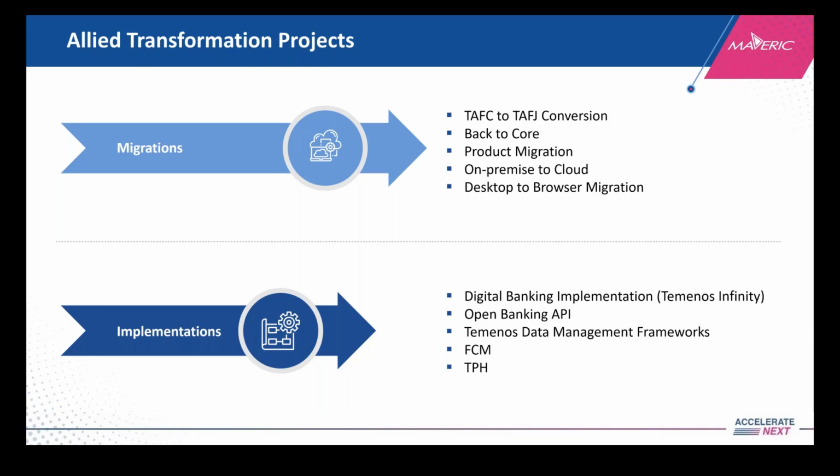Again, with the newer open banking regulations coming into place and Temenos also moving towards an API-based solution, implementation of open banking, and especially the PSD2 ones in the UK Europe region, becomes a very important project during these days in a transformation scenario. And an allied implementation is the FCM and the payments. FCM is the financial crime and mitigation product of Temenos, which goes again with the open banking API implementation.